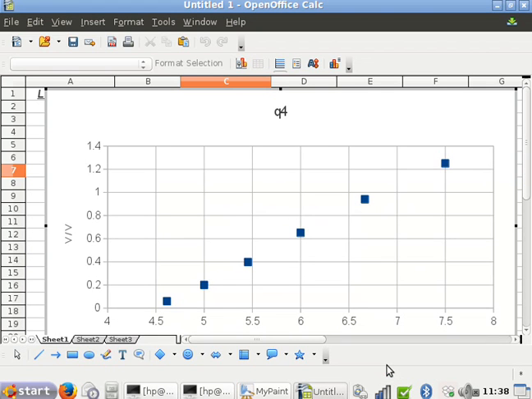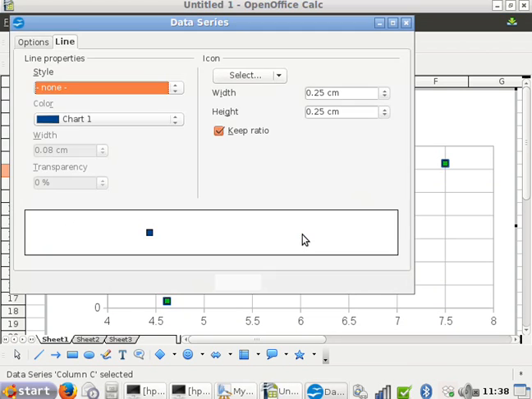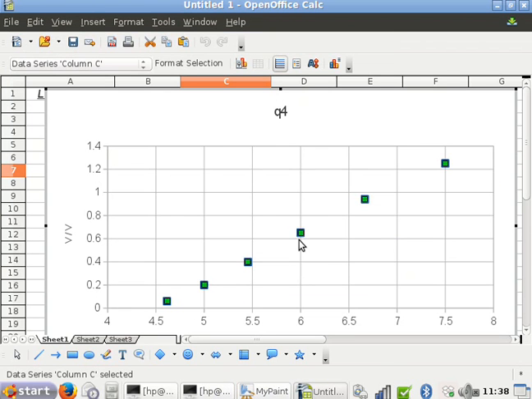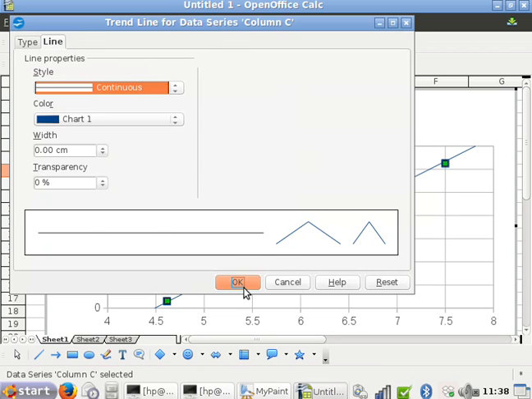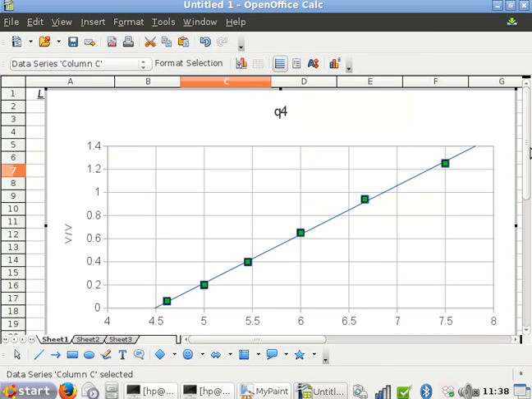I see some people had a graph that looks like this. Well, we need to put the straight line in. Like this. Let me just shrink it a tad.